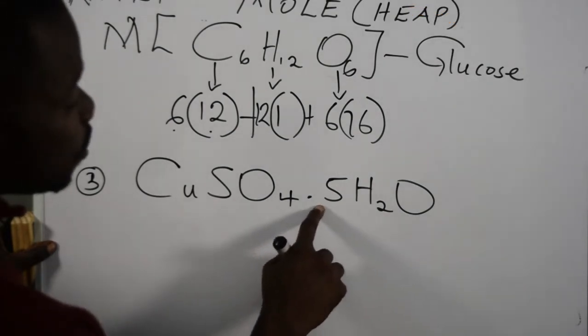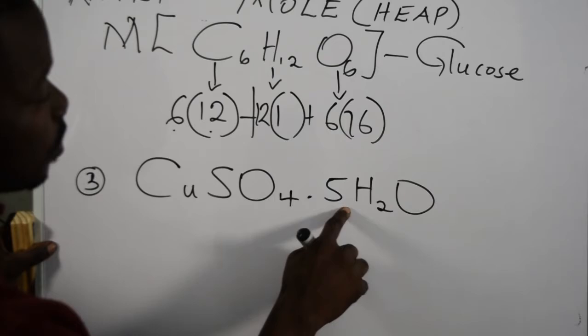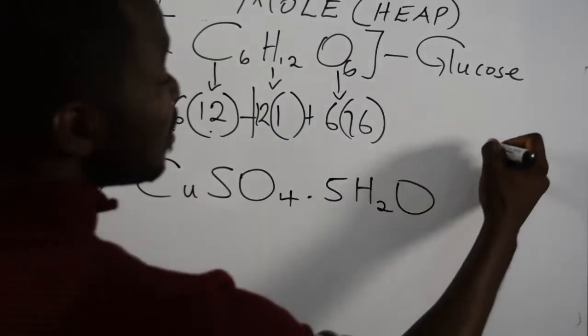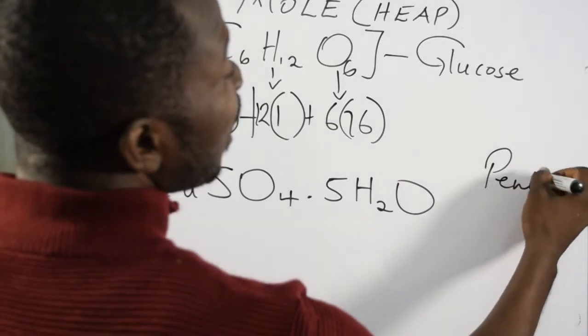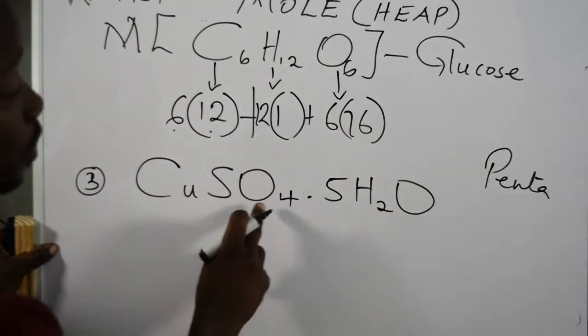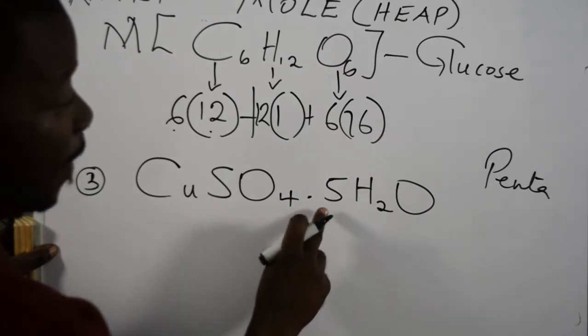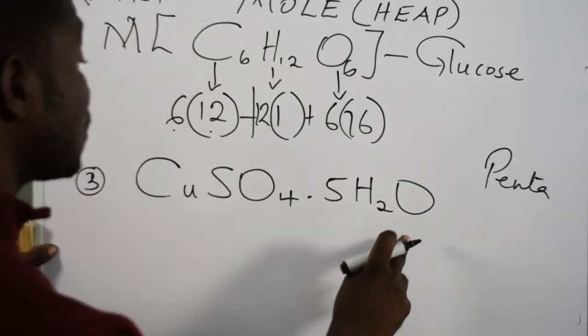And then I told you science is a friend to Latin. In Latin, 5 means penta. So copper 2 tetraoxosulfate 6 pentahydrate. Good. That's why you pack.